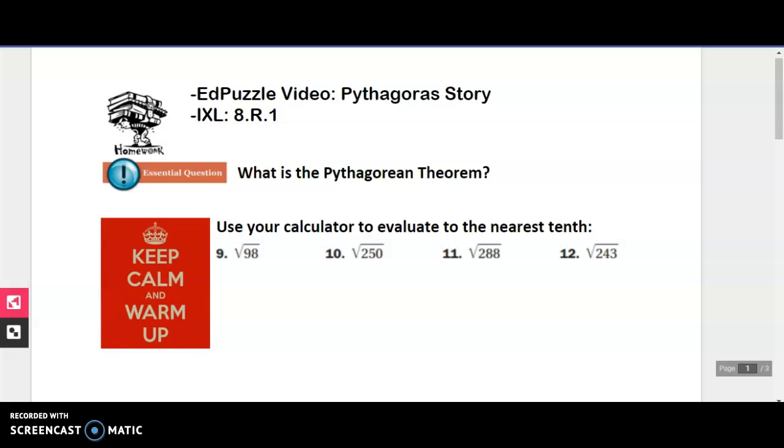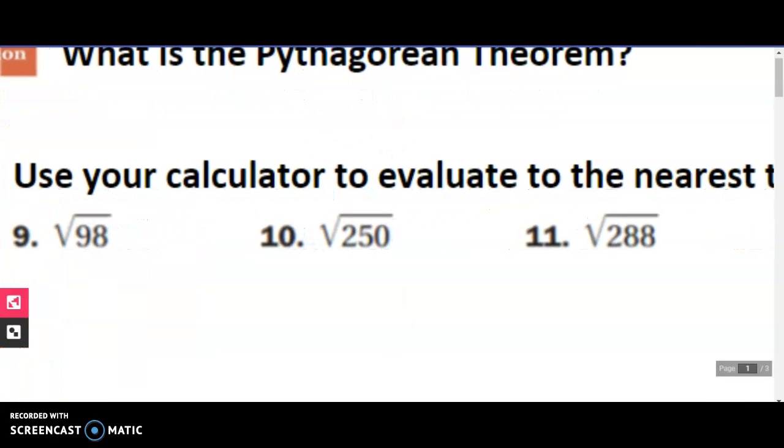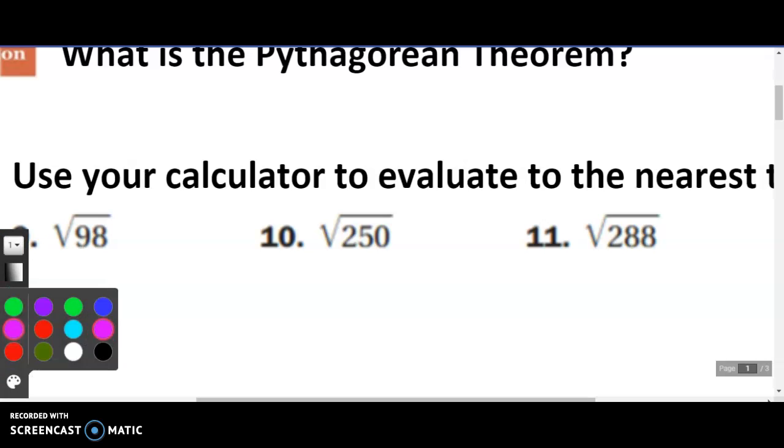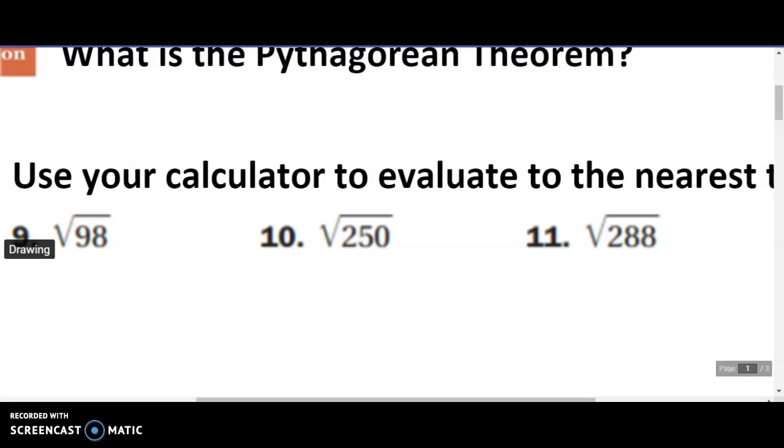Pythagorean Theorem. Before we begin, I want you to remember how we use square roots. We're trying to find the square root of 98 here. Every calculator is a little bit different.